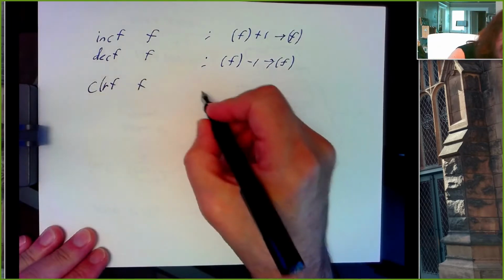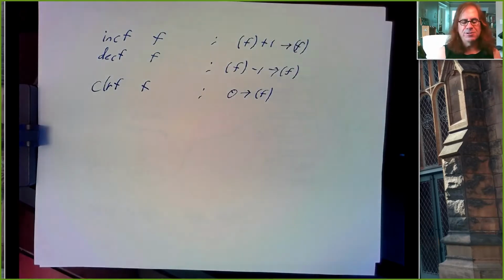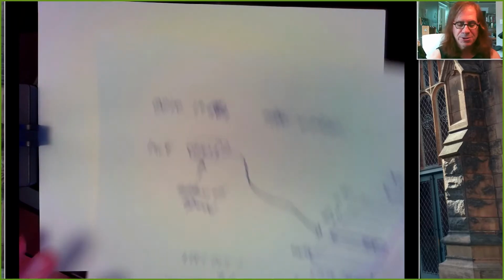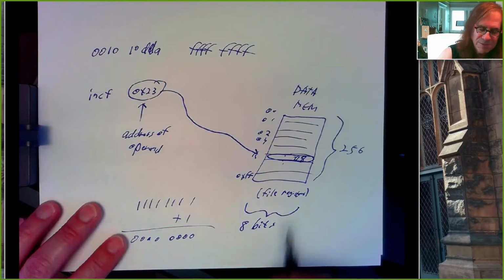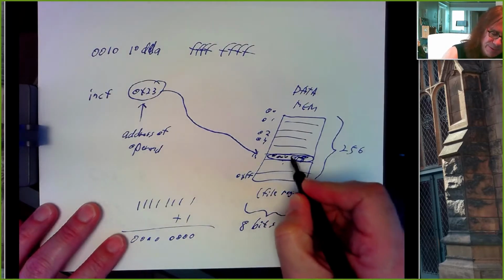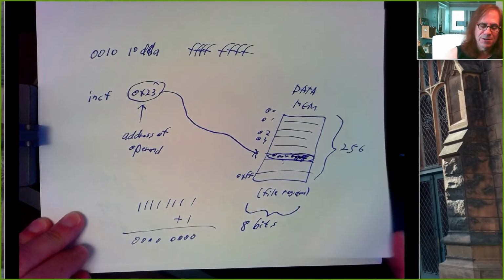Clear file register F says put a 0 into file register F. So if I say clear F 0x23, it doesn't matter what's currently in location 23. This is going to get written with all zeros. It clears a register. It resets it to 0.